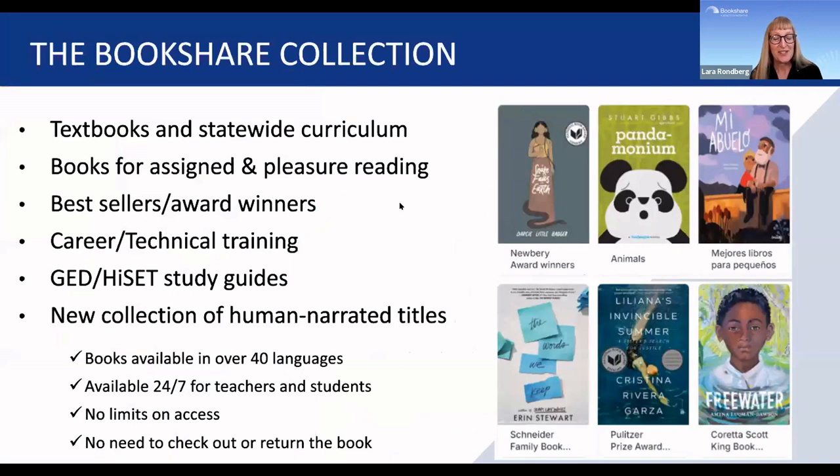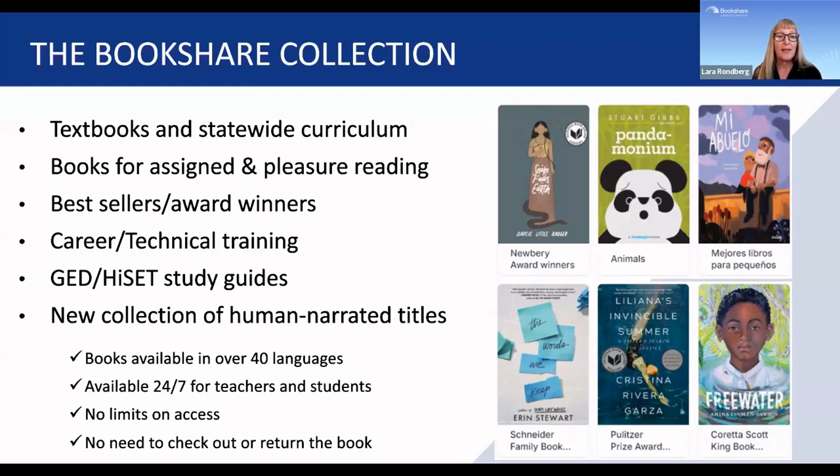And the Bookshare collection, as Vanessa mentioned, has over 1 million titles. That includes textbooks, statewide curriculums, books for assigned and pleasure reading, and all the literature and fiction that students read as they go through school. Bestsellers and award winners: we have the New York Times bestsellers, the American Library Association, and all the other major award winners. We have career and technical training materials. Bookshare is not just for K-12, it's for students of any age.